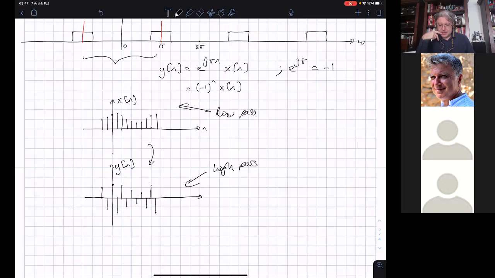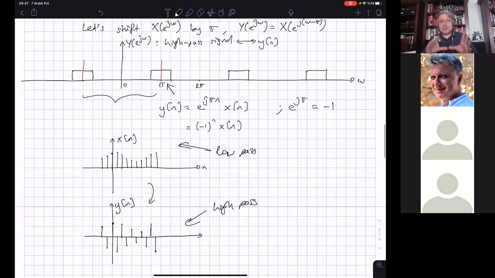That's why we have a harmonic at pi. Whenever you see oscillations like positive, negative, positive, negative with period equal to 2, you have some content at pi. That's why the Fourier transform actually looks like this, the top shape.